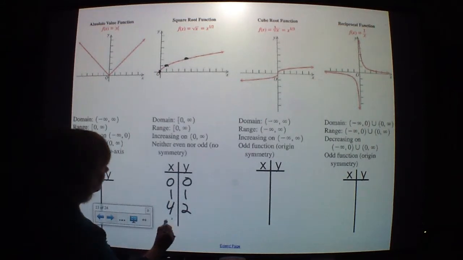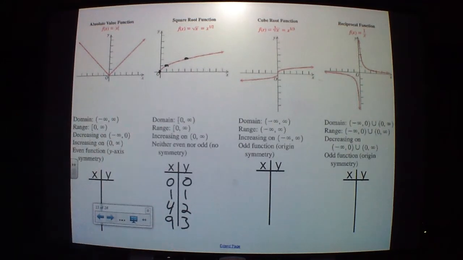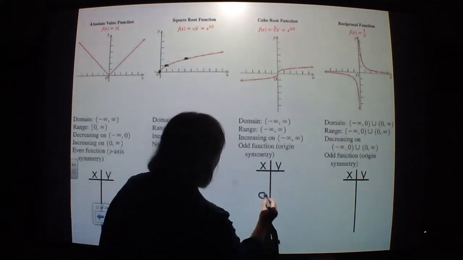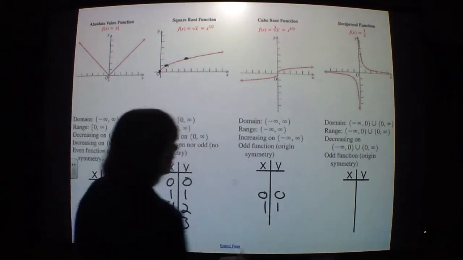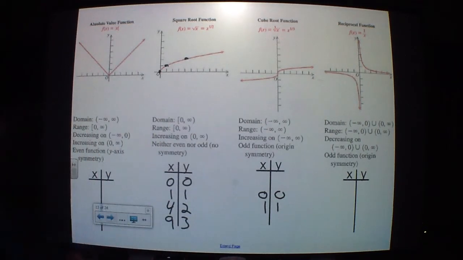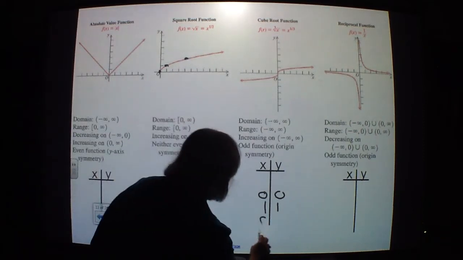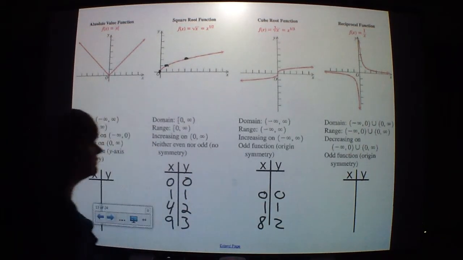9 would be the next one. 9, 3, okay? And you can graph that. So pick numbers you know. Just like the cube root function. I know the cube root of 0 is 0. The cube root of 1 is 1. But I have no idea what the cube root of 2, 3, 4, 5, 6, 7 is. But I know the cube root of 8 is 2.